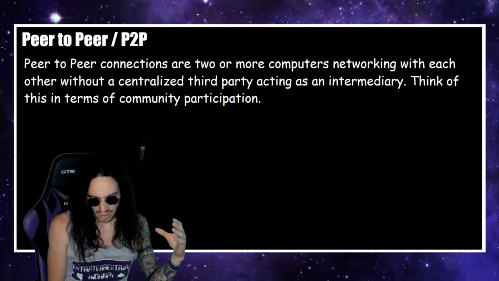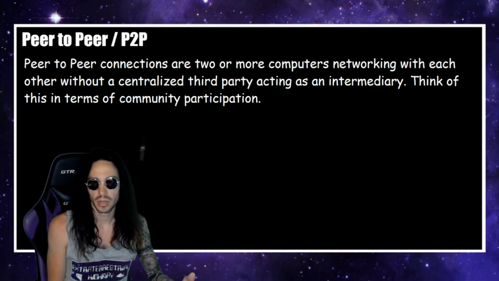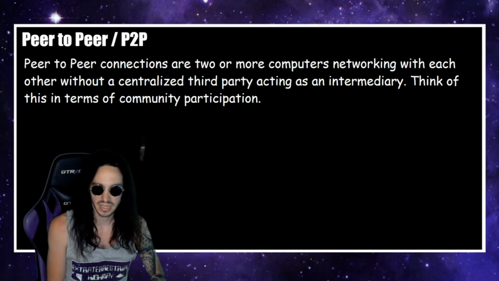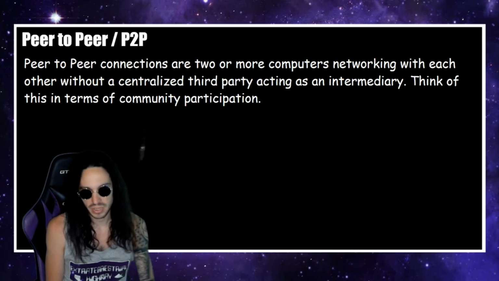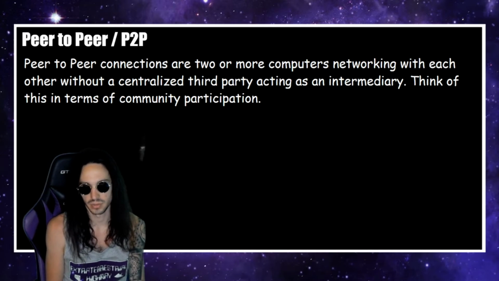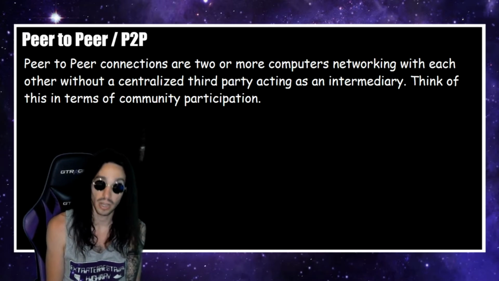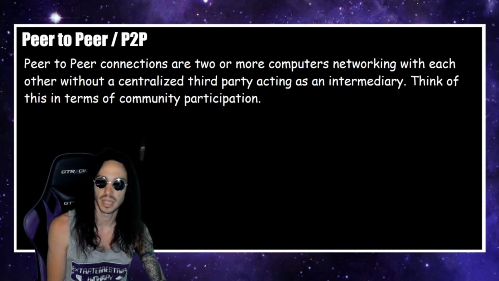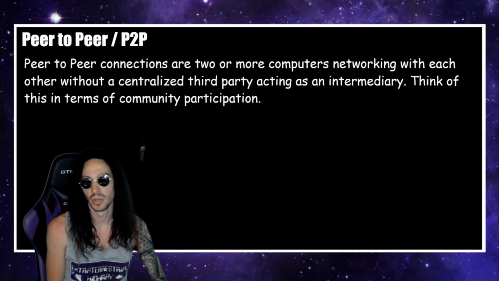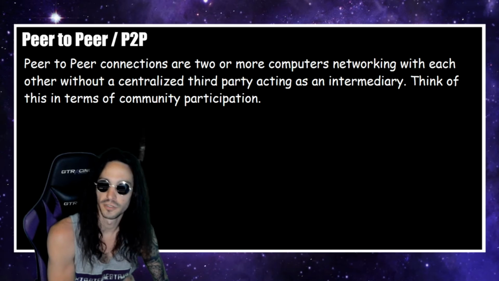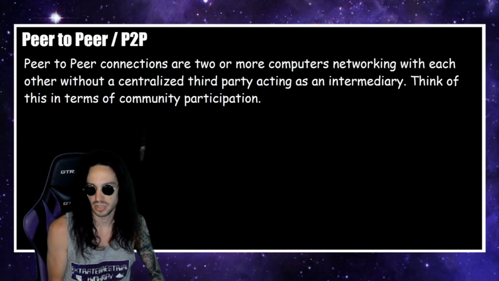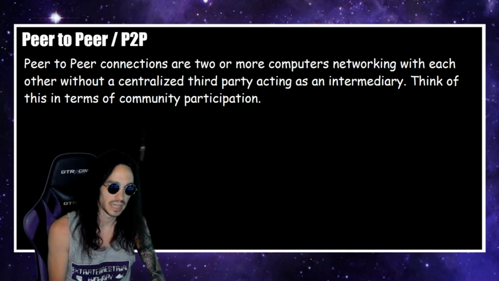When multiple people are using the Ethereum blockchain and it's a peer-to-peer system, by using it, that is what helps the cryptocurrency take off. You have people using it on the mining aspect, and on the consumer side of things, buying and selling. So peer-to-peer is a connection of two or more computers networking with others without a centralized third party acting as that intermediary.